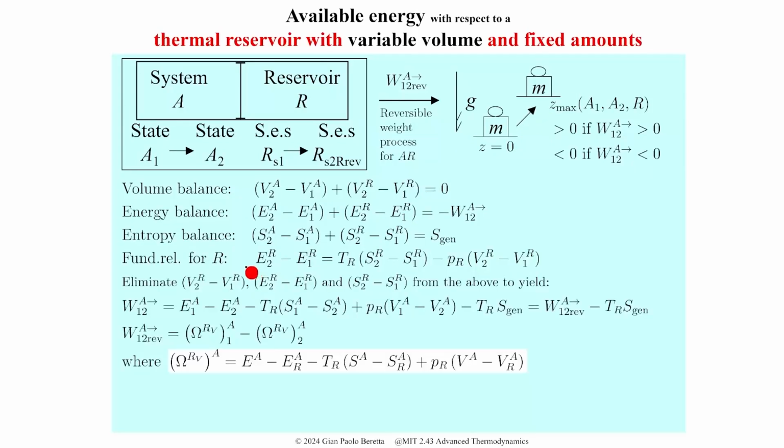Okay, so when you solve this problem by eliminating the variables that relate to the reservoir, here's the result. It's almost like before, except that there is now an extra term here, which is PR times the difference in volume of your system.